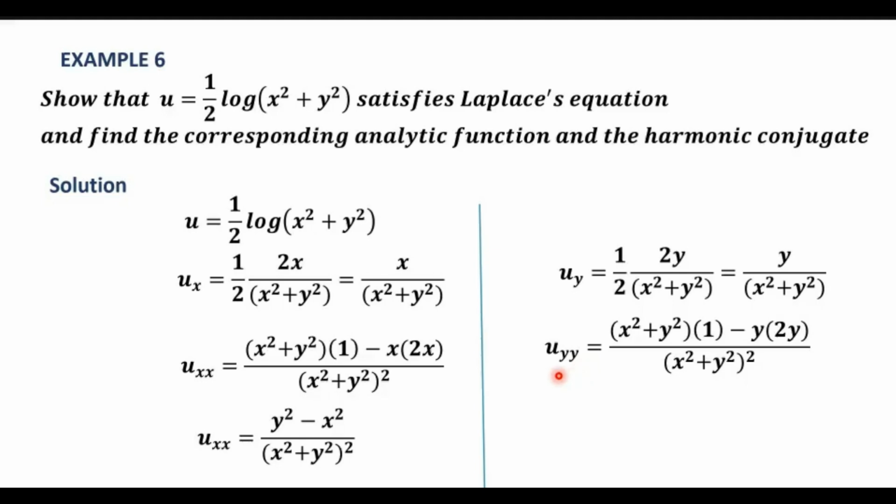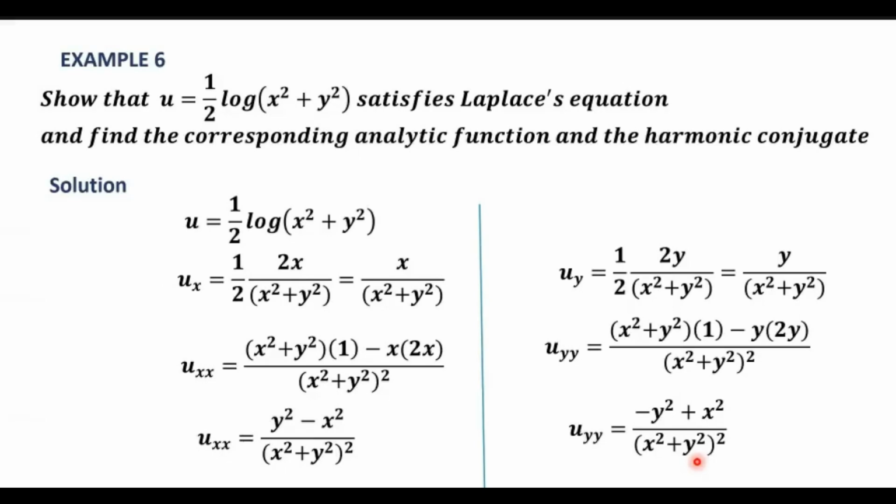That we are denoting by uyy, differentiating u two times partially with respect to y. Again, if we simplify, we'll get x square plus y square minus 2y square. Again, y square minus 2y square will become minus y square. So minus y square plus x square upon x square plus y square the whole square.